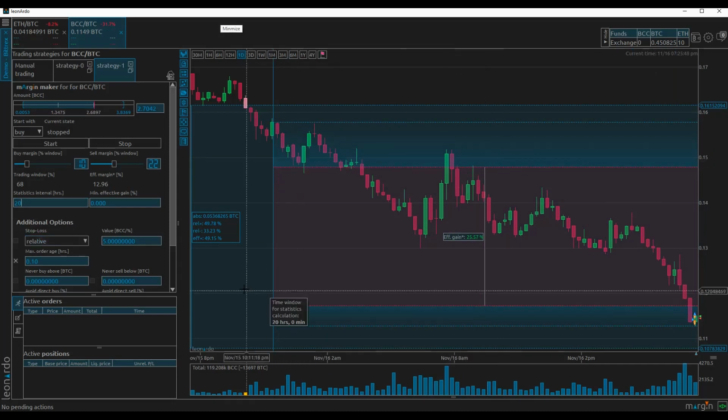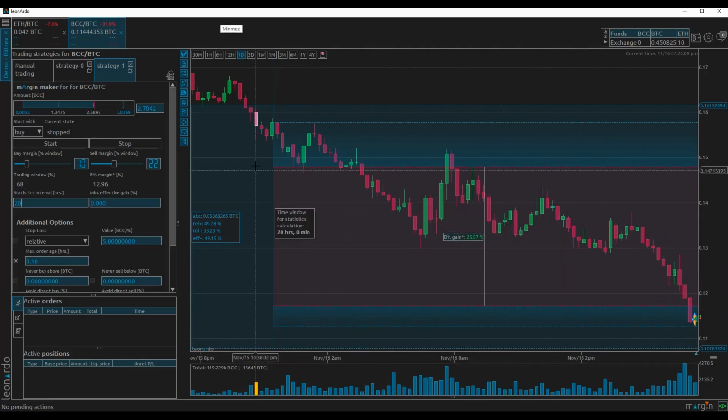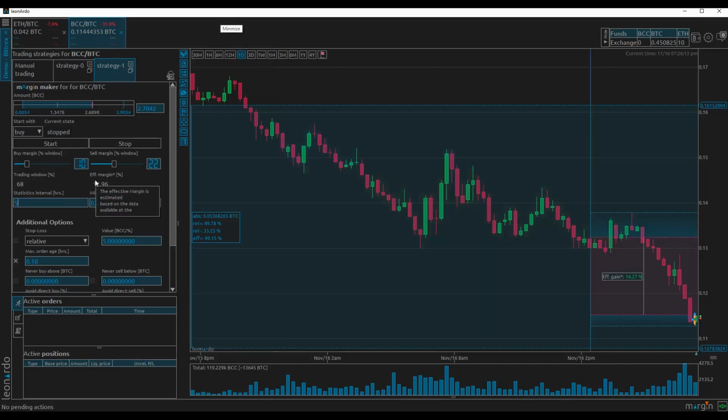So the bot uses the last 20 hours to calculate the buy and the sell, and as time goes, this will automatically change, and the bot will adjust the buy and sell automatically based on how the coin performs. So I'm just going to change it back to say 5 hours, and then you have these other options here.